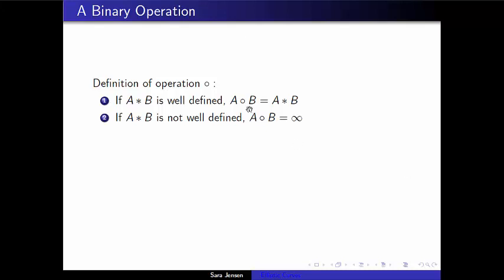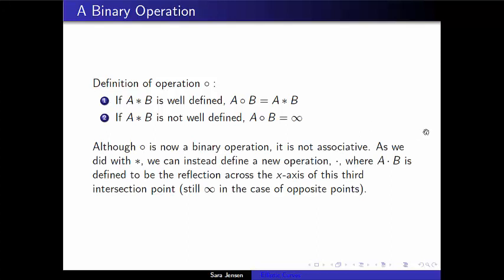Just think of that circle operation as being exactly the same as that star operation. However, if A star B is not well defined and you find 2 points that you draw a line through and it doesn't share a third intersection point with that elliptic curve, then just define this circle operation on those 2 points to be this point infinity.